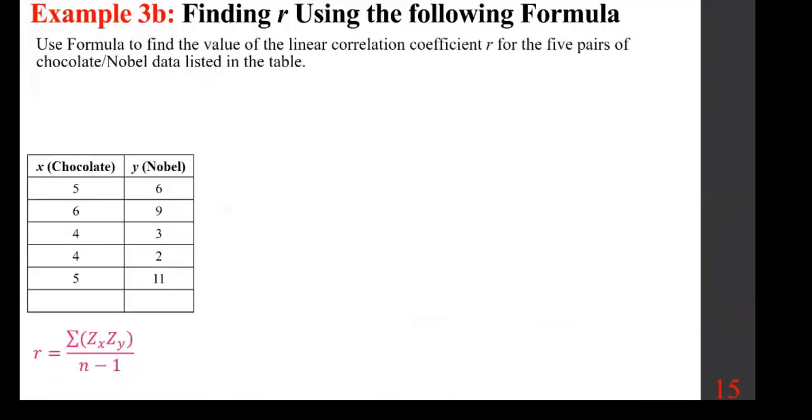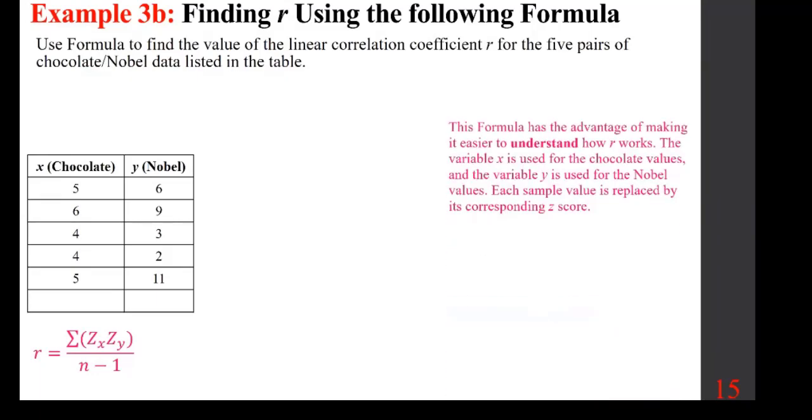What I want to do, I want to use this formula, z sub x, z sub y over n minus 1. Okay? Now, this formula has the advantage of making it easier to understand how R works.